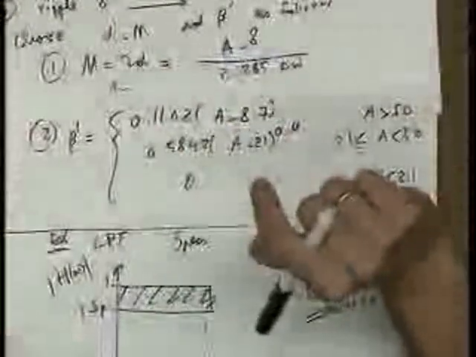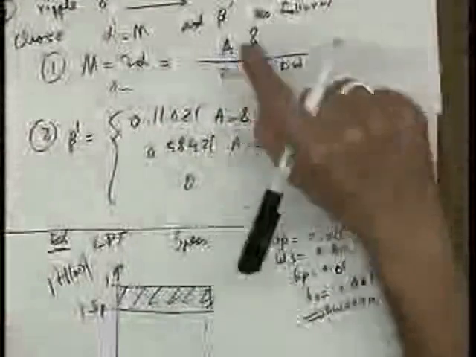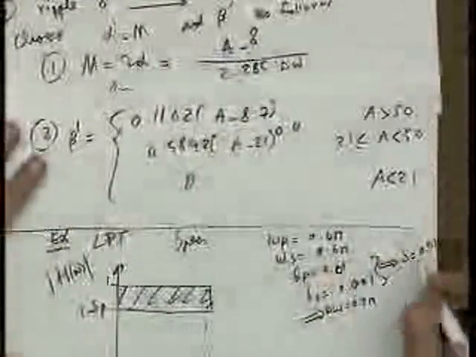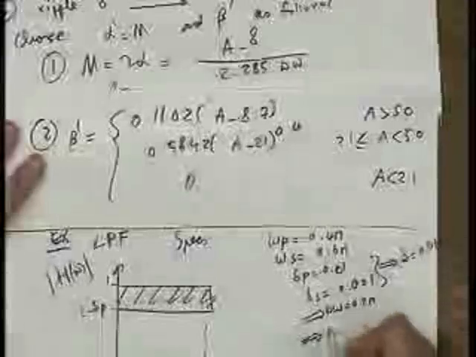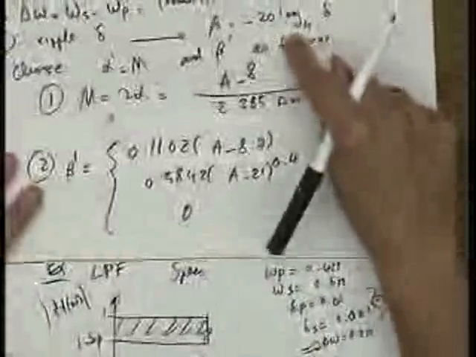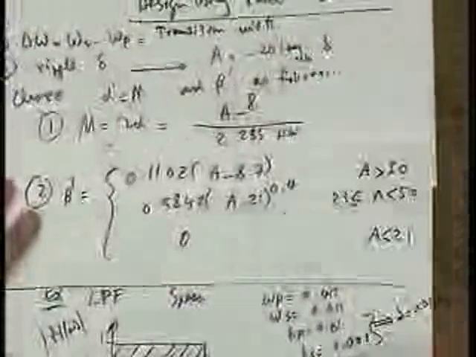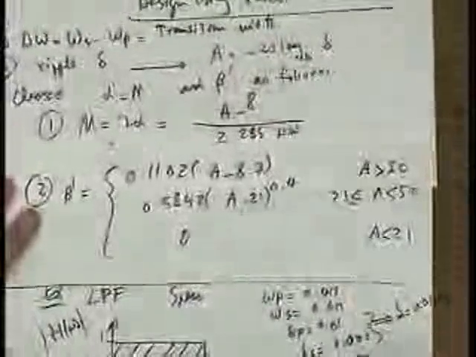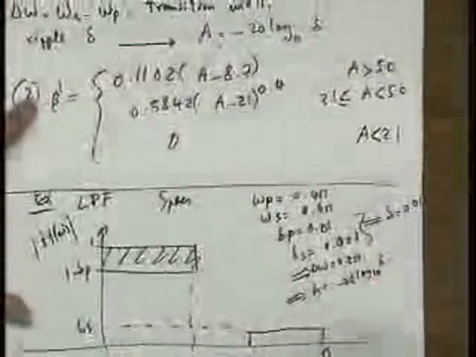And then you also know what your ripple is. Delta is 0.01. That means A, this other quantity coming back up here again, is minus 20 log 10 of delta. Okay, so that tells you what A is.